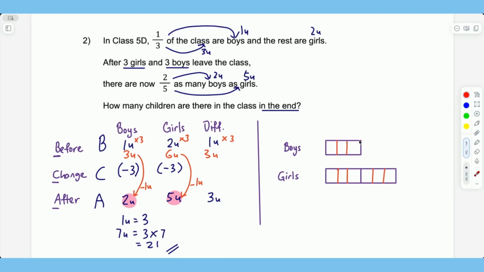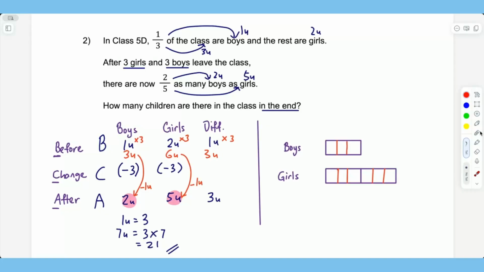And this corresponds to this part here, because initially we have 1 unit of boys and 2 units of girls. But we multiply by 3 for the first row. For all these units in the first row, we multiply by 3 and we get 3 units of boys, which is here, and 6 units of girls, which is here.